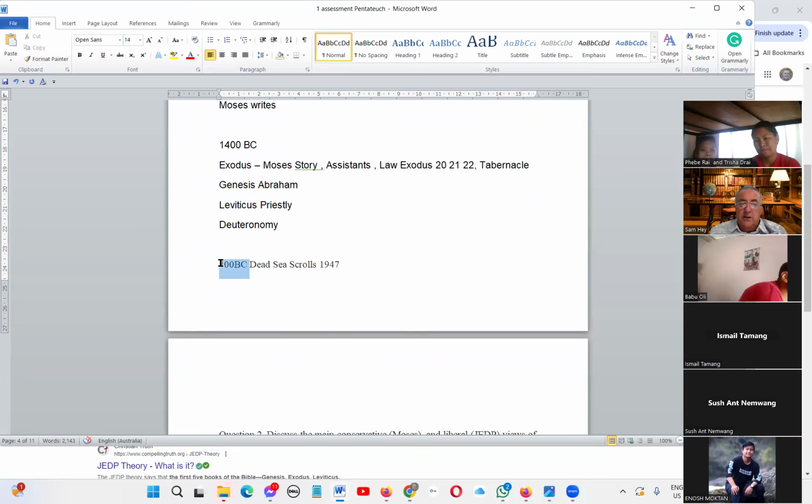And so these writings from around 1400 BC, around about 900 BC, scholars working in Solomon's Jerusalem and Solomon's temple would have rewritten these writings, and they would have added and developed and written more and edited these writings.